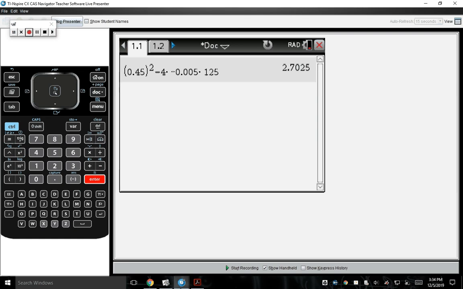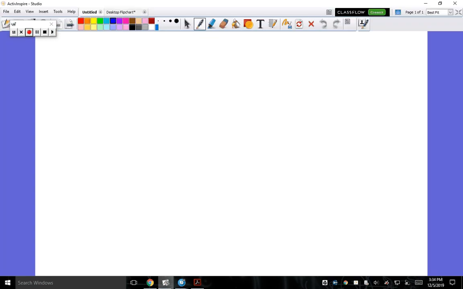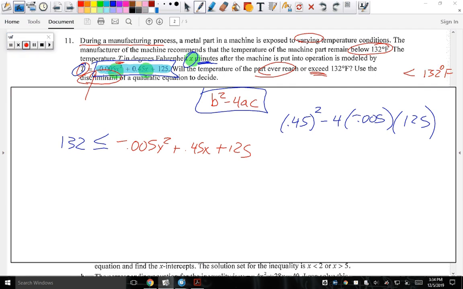That's all I cared about, that it was going to give me a positive answer. So if I go back here, using the discriminant test, we're going to decide, will it ever give me an answer? Because I had it positive, I know that there are two real solutions. There aren't any imaginary i's. You will get actual answers for this.